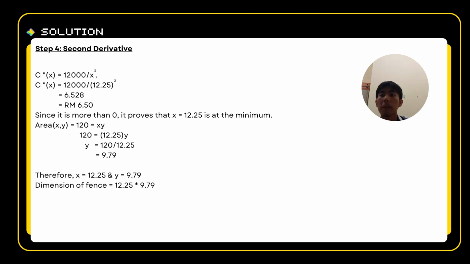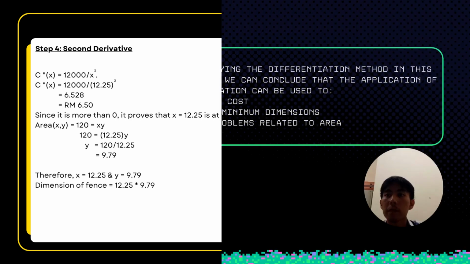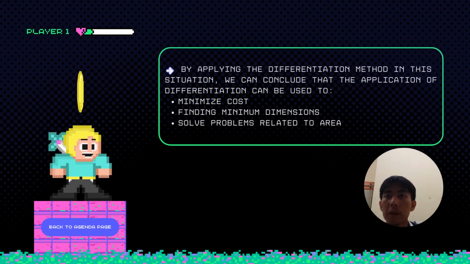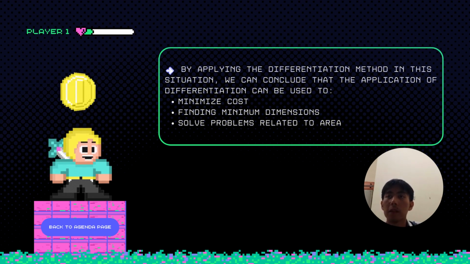So therefore, we can conclude that x equals 12.25 and y equals 9.79. To answer the final question, the dimension of the fence with minimum cost is 12.25 times 9.79.